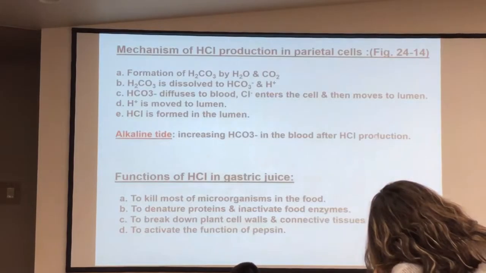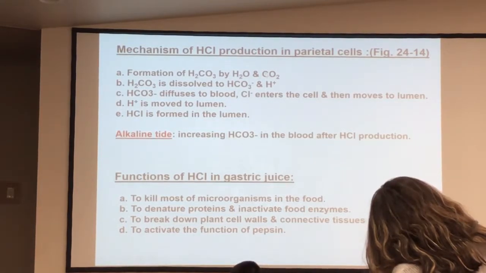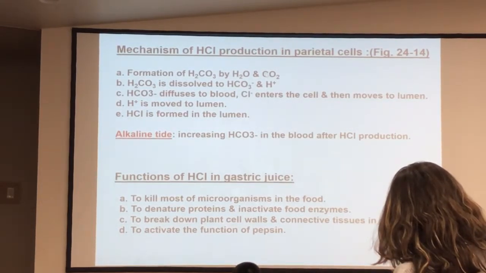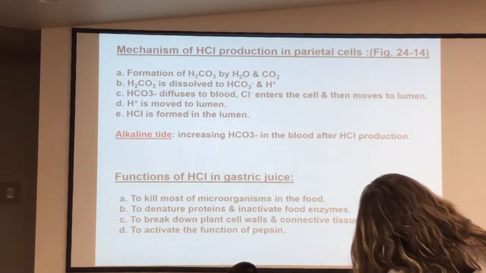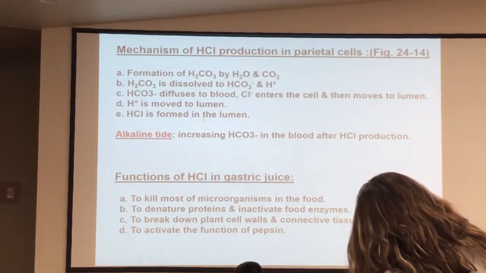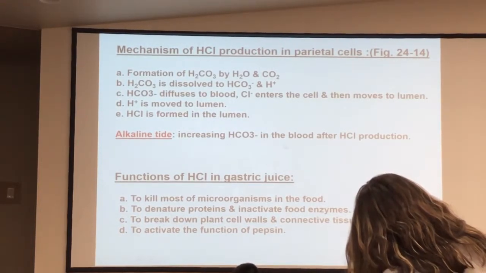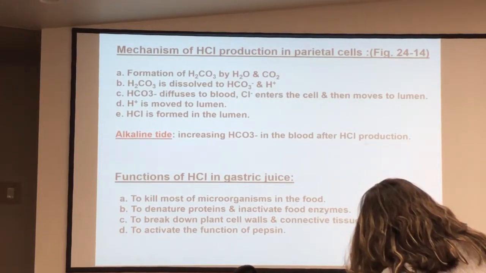Okay, go back to here, and so the mechanism you have to know starts from water and CO2, and hydrogen ion will move to the lumen. Okay, HCl will form in the lumen outside the cell, and then bicarbonate ion will increase in the blood because of HCl production.